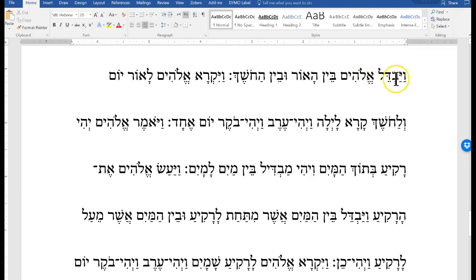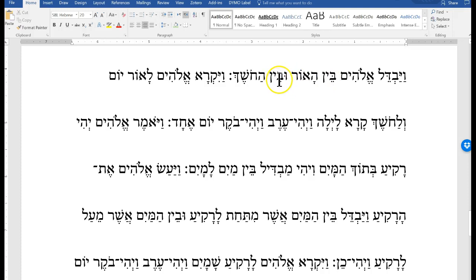And Elohim caused a division between, this is our vocabulary word, between the light and between, you notice this has the dagesh line, and this doesn't. This one doesn't because it follows a vowel sound, uvein, but this one has a consonant, ubain.